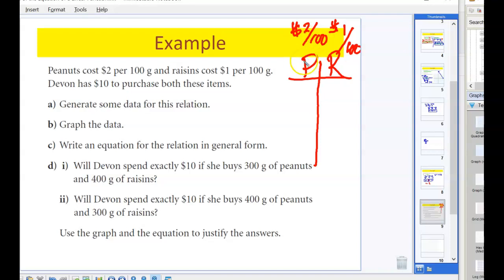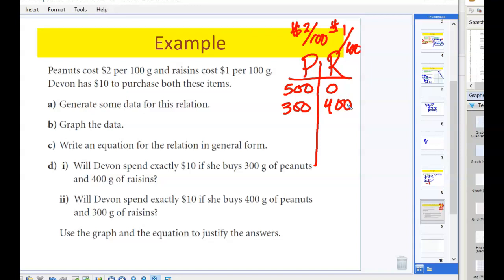So if he bought just peanuts, he would be able to buy 500 grams of peanuts and 0 grams of raisins. If he was to buy, say, 300 grams of peanuts, he would spend a total of $6, and so he would have $4 left, and he could buy 400 grams of raisins.